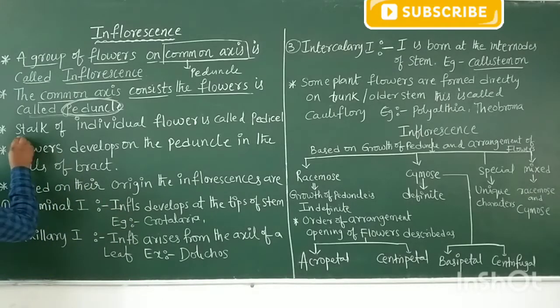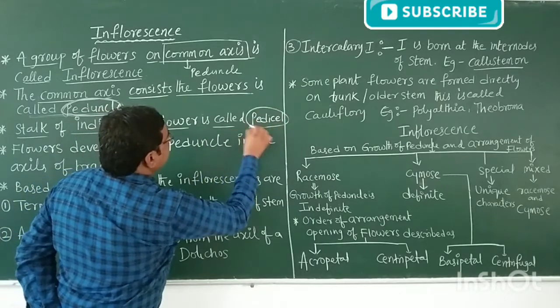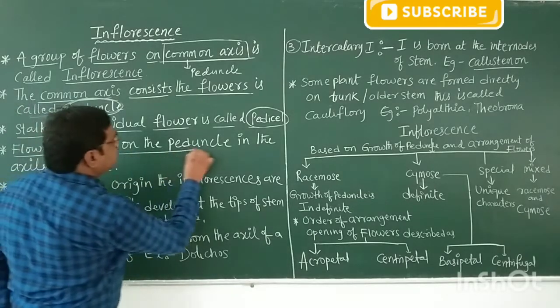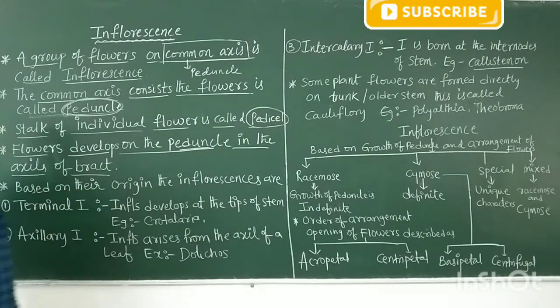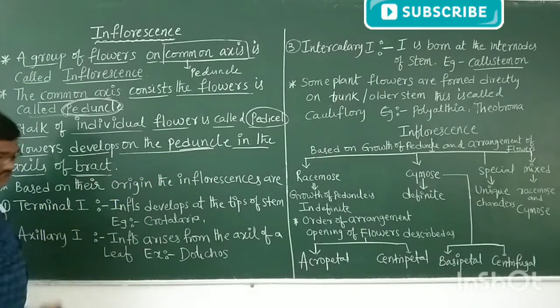Okay. Next, the stalk of the individual flower is called the pedicel. Each flower has one stalk-like structure, that is called the pedicel. Next, the flowers develop on the peduncle in the axil of the bract.